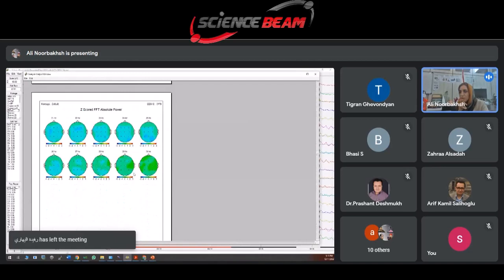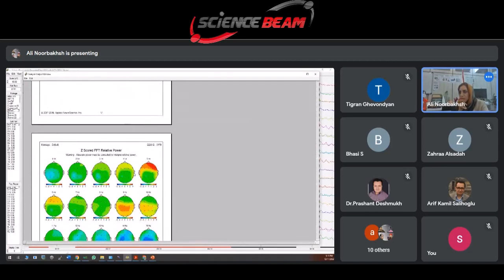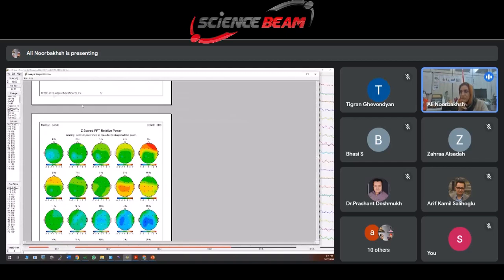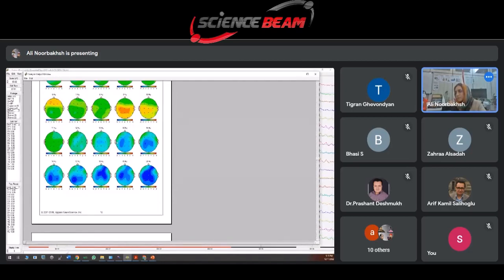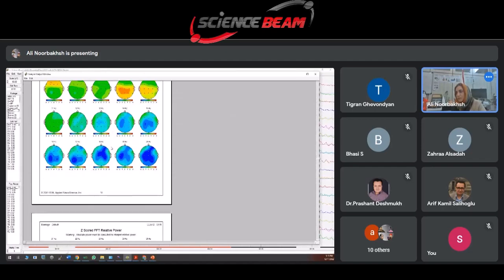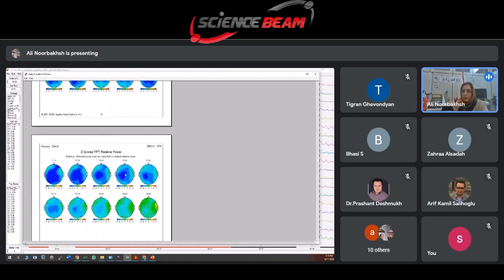And you can see the decrease. Again, it's related to relative power. As you know, SMR and beta and high beta decrease.